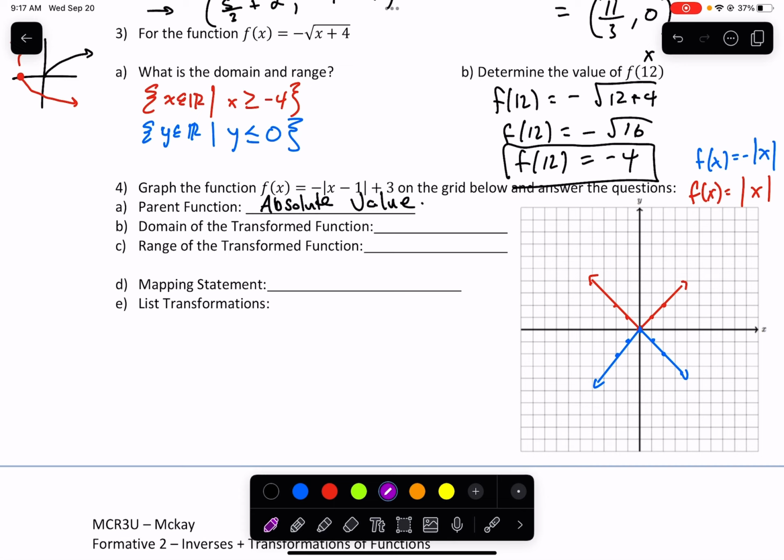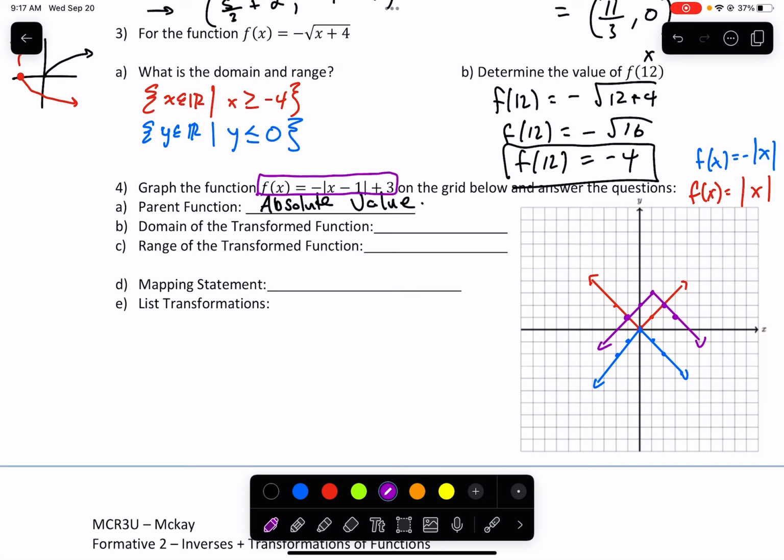No biggie. Is everyone happy with that? First question I've gotten right so far. Okay, the purple will be that final transformed graph.